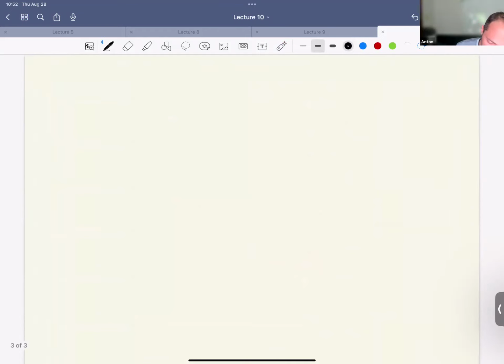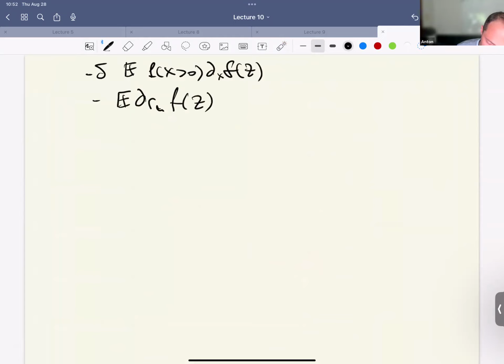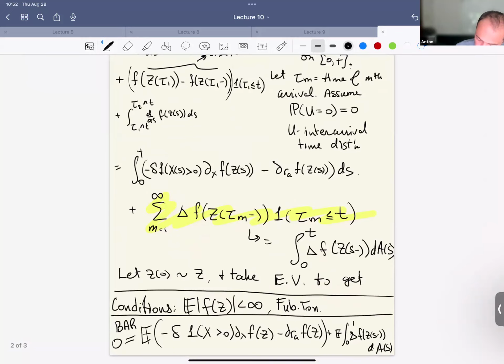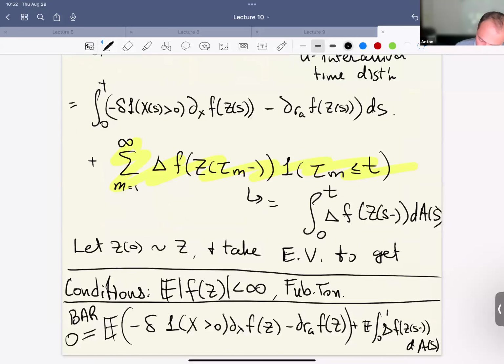So we have negative delta expected value indicator x is positive, minus expectation of f of z, plus expectation 0 to 1, 0 to t. What I implicitly did here was I made the BAR for t equals 1.